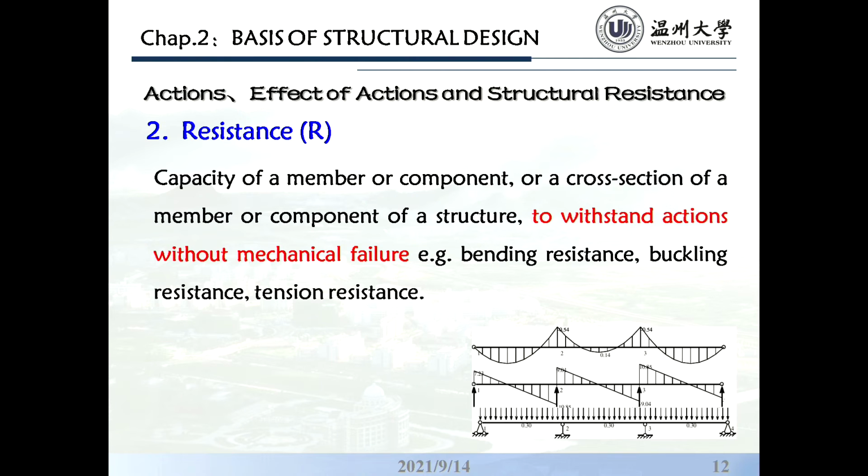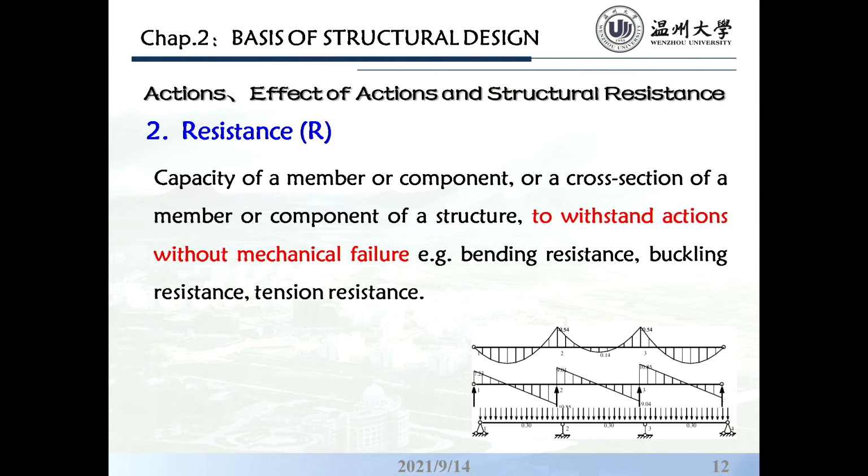But if we change the boundary, like here we fix the boundary, then this member can resist moment. So we may think this member has a higher resistance because it can resist moment. So due to the different boundary and structure type, of course it will affect resistance.